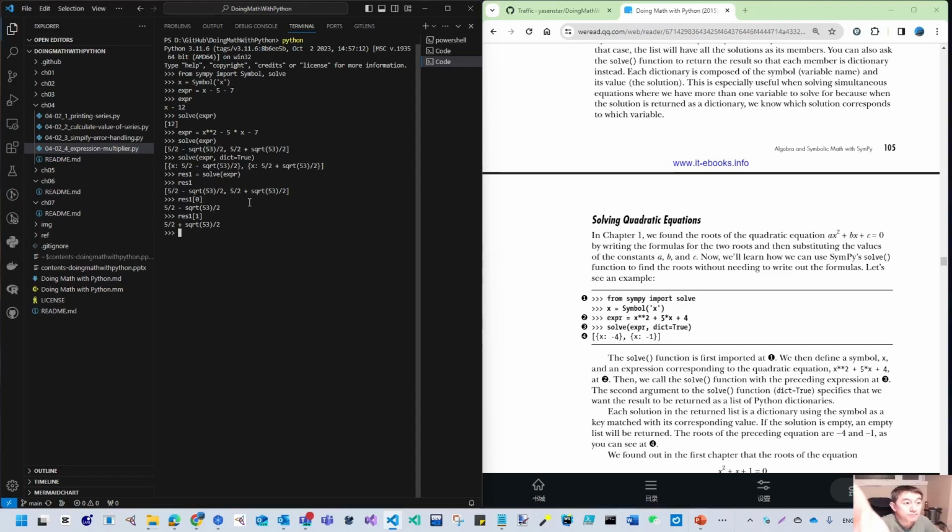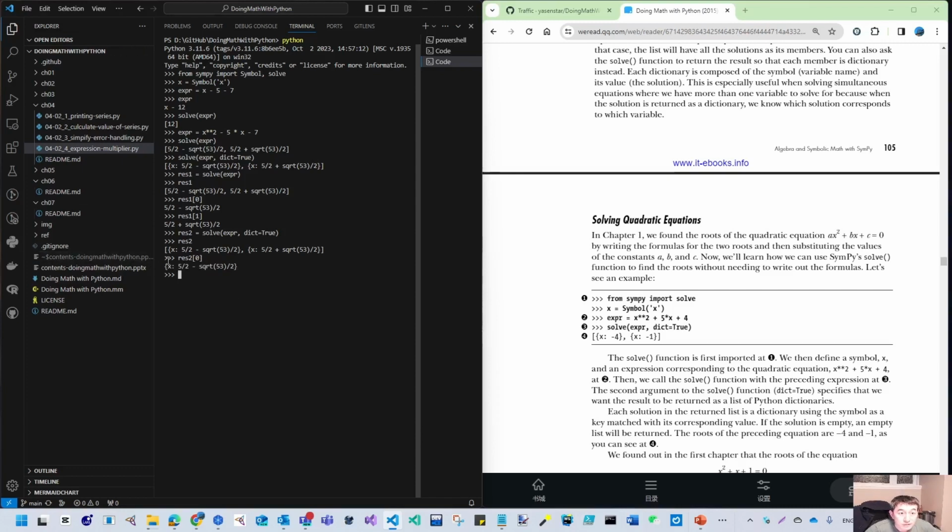So we can use the list to process the results. But let me make another result with dict equal to True, and this result is our dictionary.